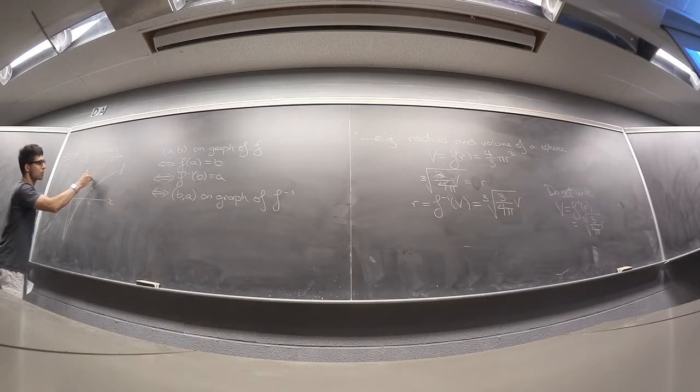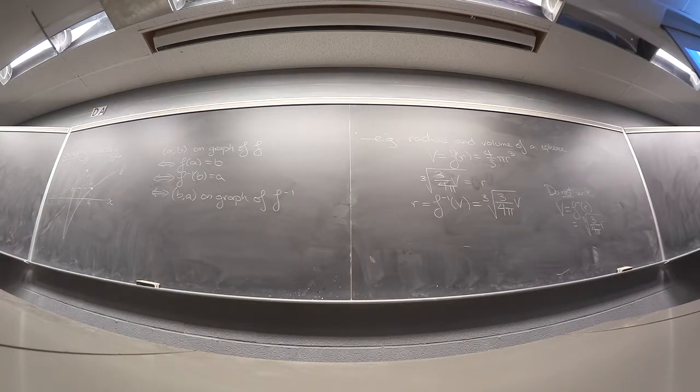So that cuts at a right angle, and those two are equal. In other words, that point is the reflection of that point across that line. And so the graph of f inverse is just the reflection of the graph of f across the line y equals x. Good?